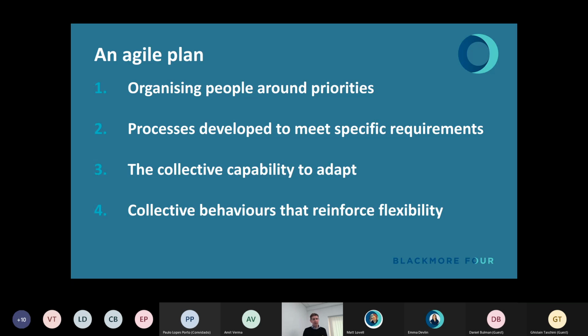Third within that is the collective capability to adapt. I think capability, rather than necessarily the will. This really talks to how we develop the capabilities, skills and abilities of individuals and teams to conduct our business and achieve the results.